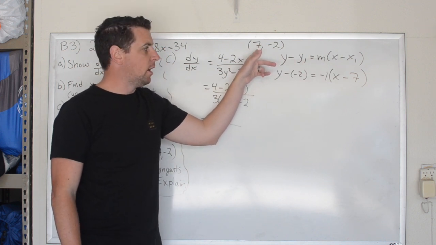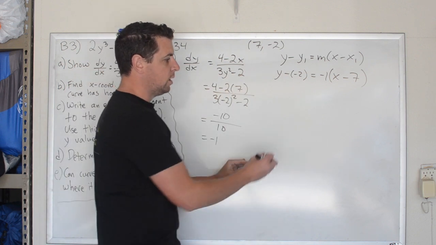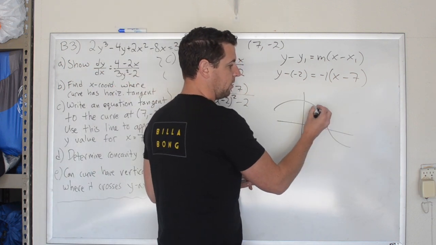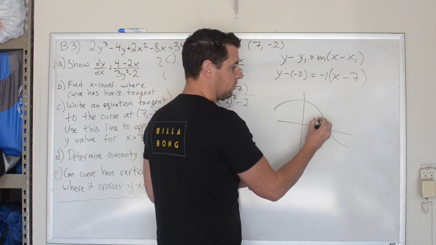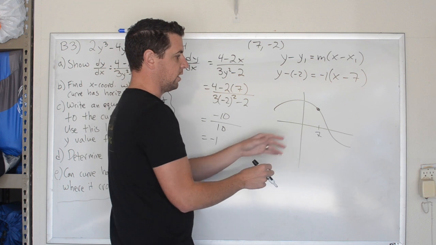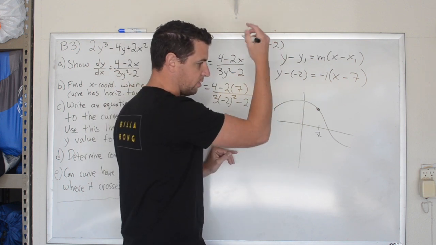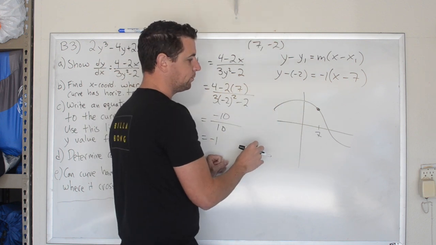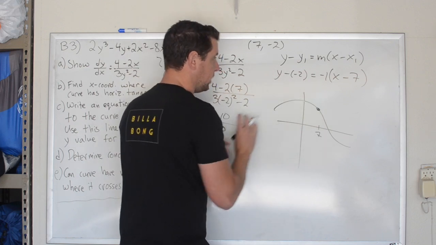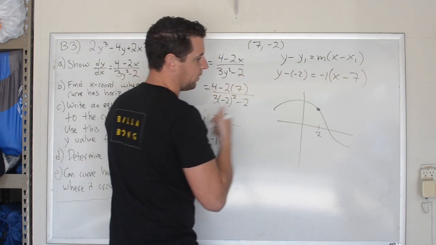So I'll show you pictorially what we're doing. We'll assume the graph is doing something like this, and let's say x was 7 here. Obviously y is not negative 2, so that's a pretty terrible picture, but let's assume it was there. What I just found is the tangent line at this point.